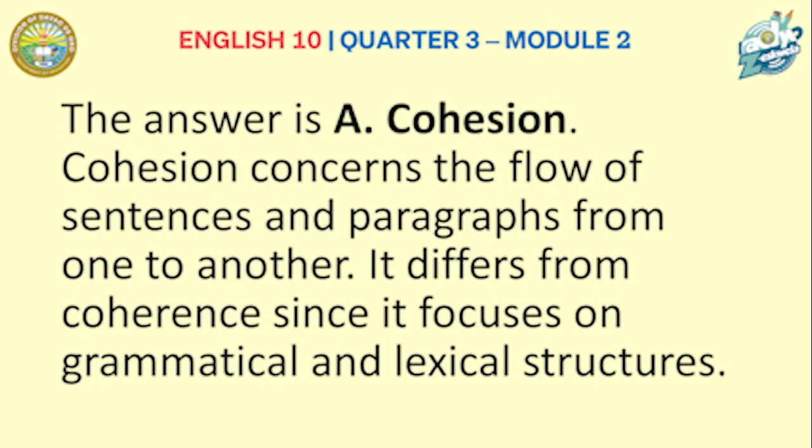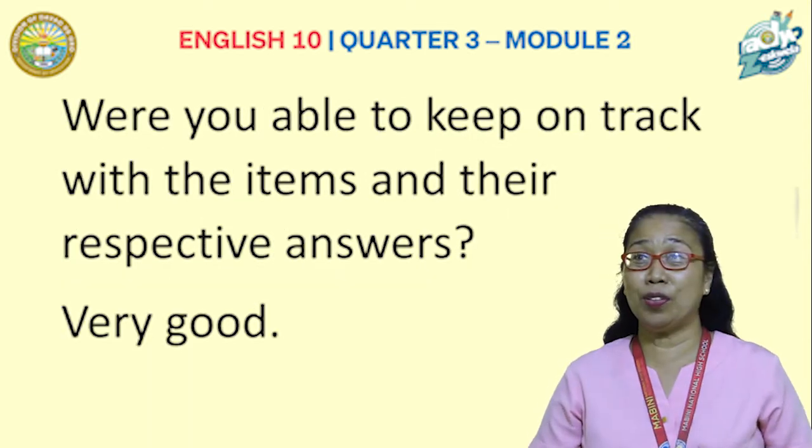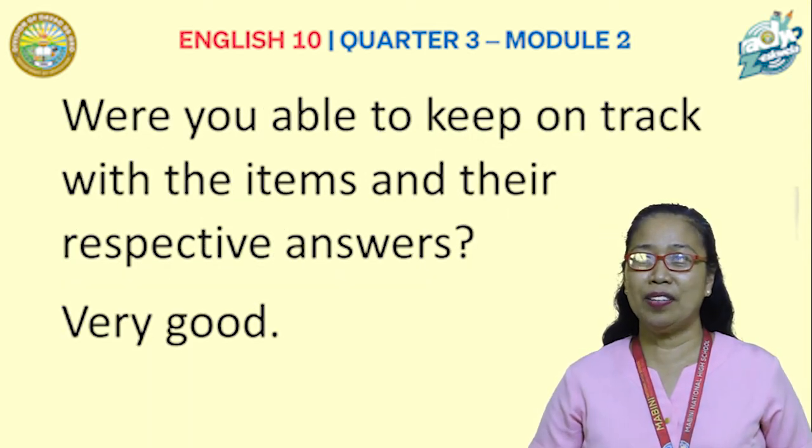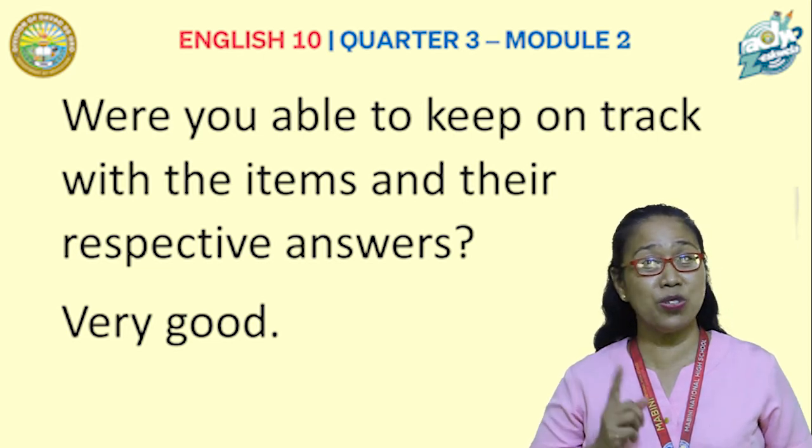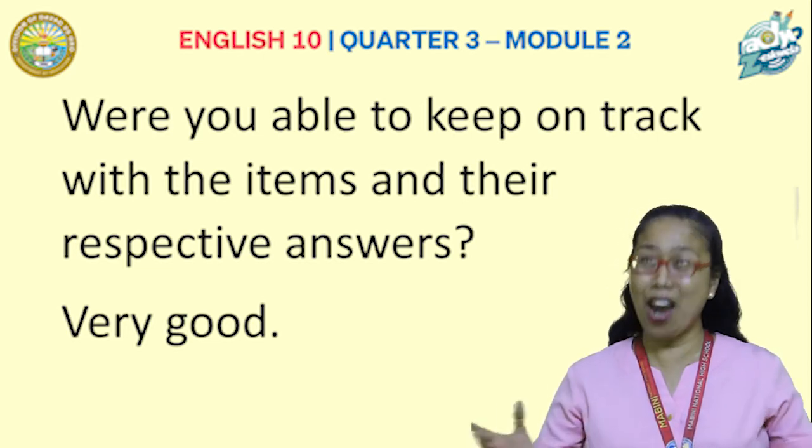Cohesion concerns the flow of sentences and paragraphs from one to another. It differs from coherence since it focuses on grammatical and lexical structures. Were you able to keep on track with the items and the respective answers? Very good!